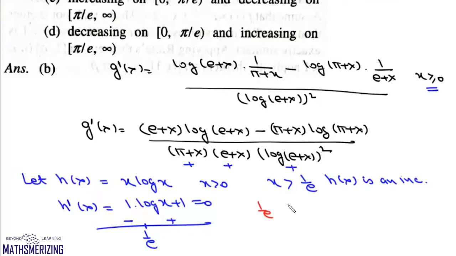Now we know that e is greater than 1 upon e and it is less than pi. We can write e plus x is less than pi plus x. Now in this interval, hx is an increasing function.